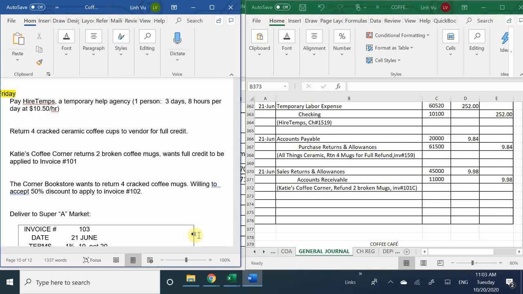But they're willing to take a discount, and we gave them 50% off because they can't even use the cups anymore. He's willing to accept the 50% refund to be applied to his invoice number 102. So, how am I going to treat this scenario?